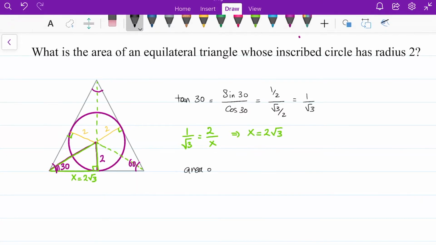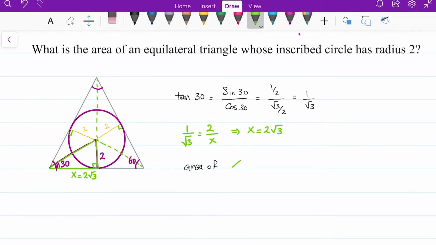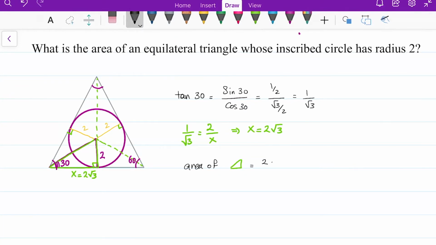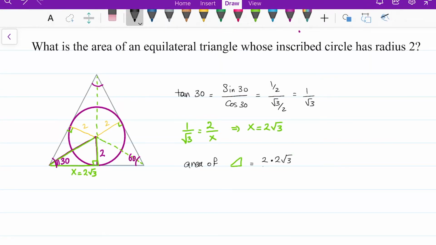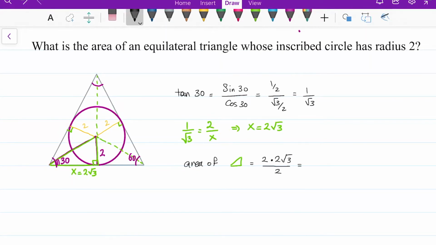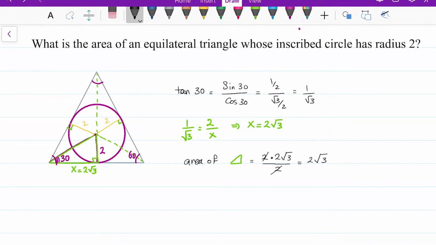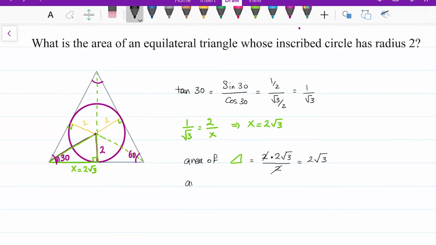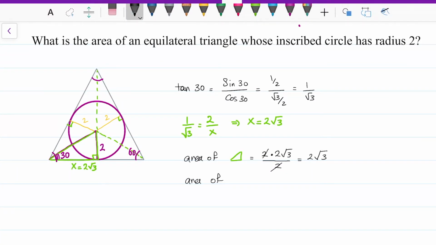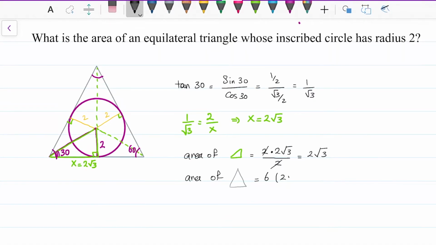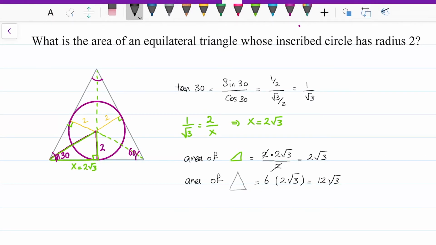Therefore, the area of the small green triangle is the height times the base divided by 2, which, simplified, is 2 root 3. And therefore, the area of the bigger triangle is 6 times that, 6 times 2 root 3, which is 12 root 3.